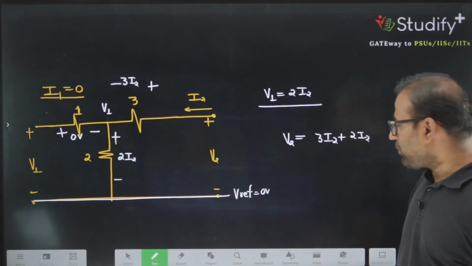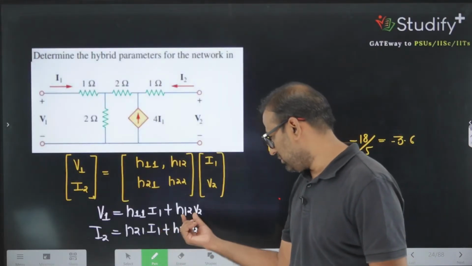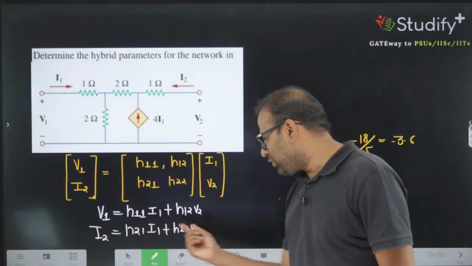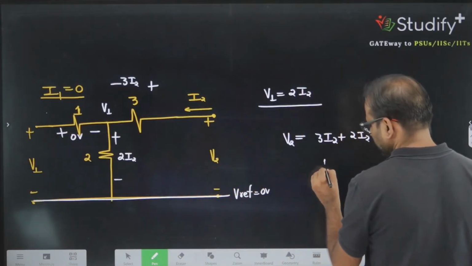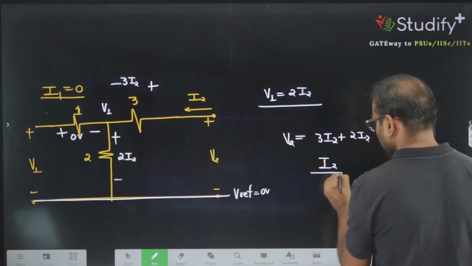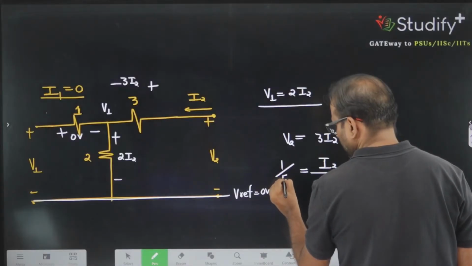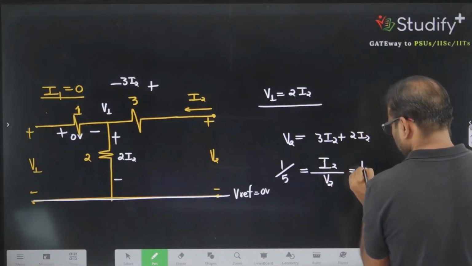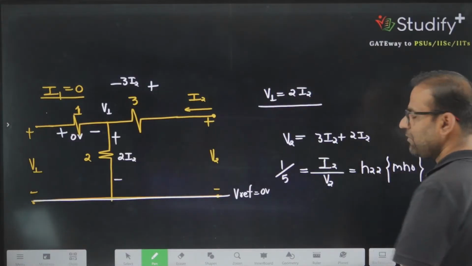We want the S22 parameter. What is the S22 parameter? It is the I2 by V2 ratio. So you can say the I2 by V2 ratio is one by 5.